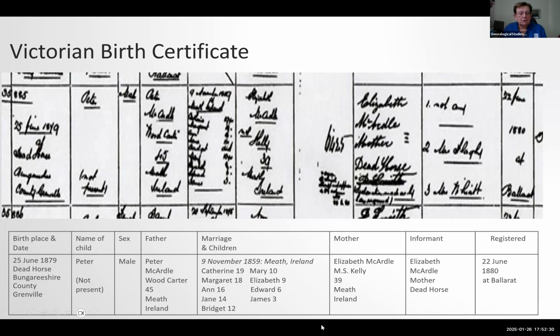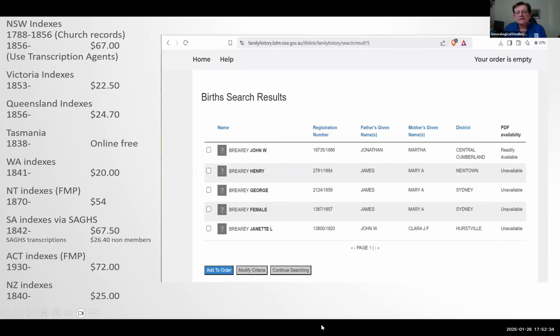And what we can do next is, this is what the indexes look like for New South Wales. In this case, I was looking for John Breary. And have I got the right one? Well, yes, I was looking for John Breary, born to Jonathan and his wife Martha. So I know which one I'm after.